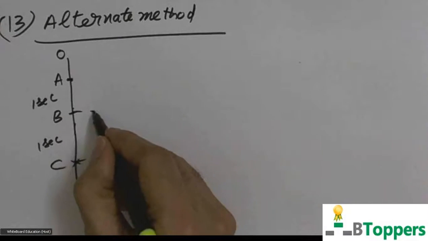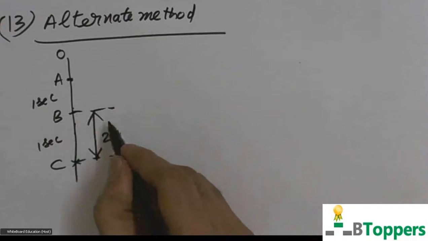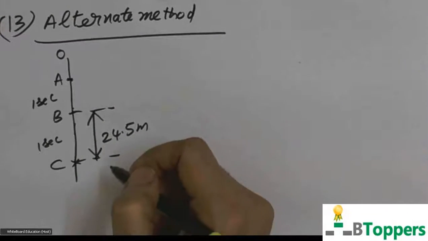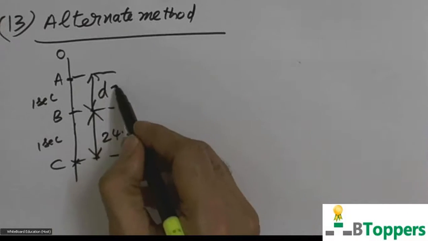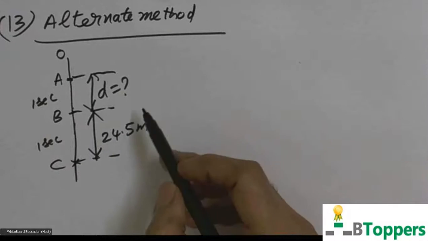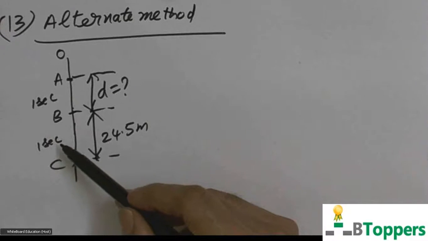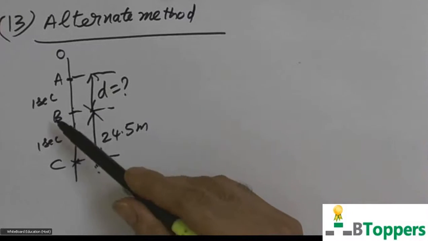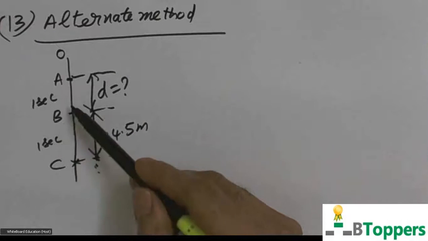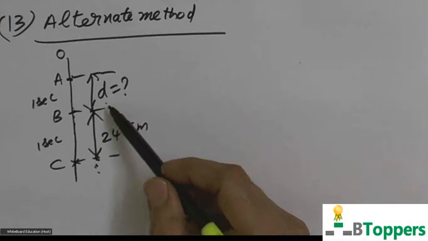You are given that the freely falling body covers a distance of 24.5 meters in a particular second, and you are asked to find the distance covered in the previous second. Let us suppose the body travels from B to C during the particular 1 second time interval, during which it has covered 24.5 meters. Let the body travel from A to B in the previous 1 second, and let d be the distance covered during the previous 1 second, which you have to find out.